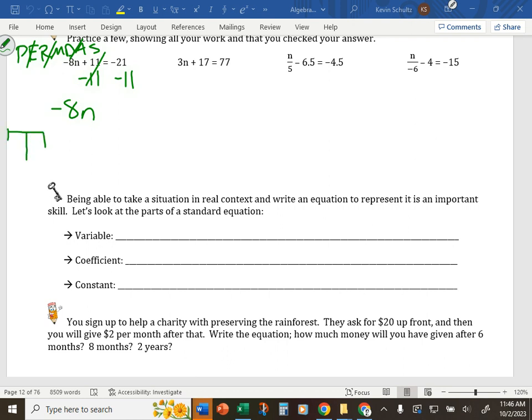Jot this in your notes here. An equation is like a balanced scale with the equal sign in the middle. If we know that those two sides are equal, and I take 11 away from one side and not the other, what's going to happen to my scale? Now one side will be heavier than the other.